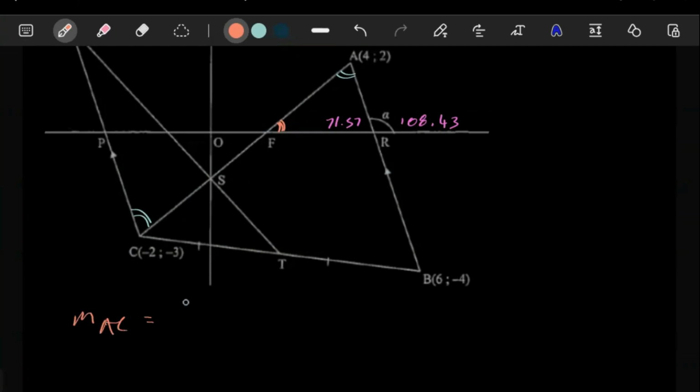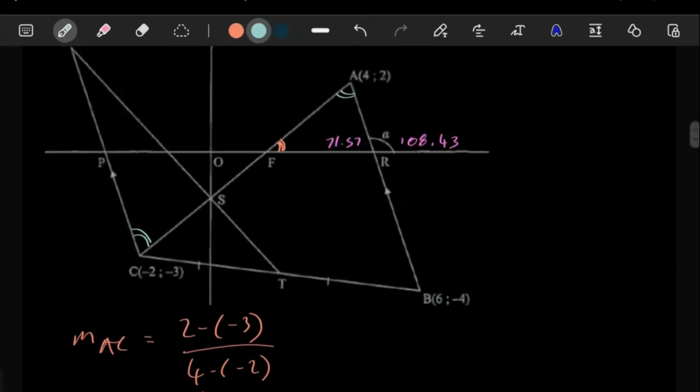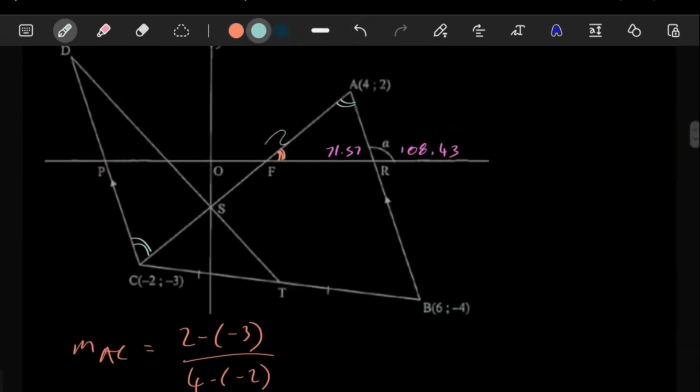To get that, we're going to say 2 minus negative 3, and then 4 minus negative 2. There's going to be 2 plus 3, which is a 5, 4 plus 2, which is a 6. So all that being said, you can now just use it to get this angle over there, right?